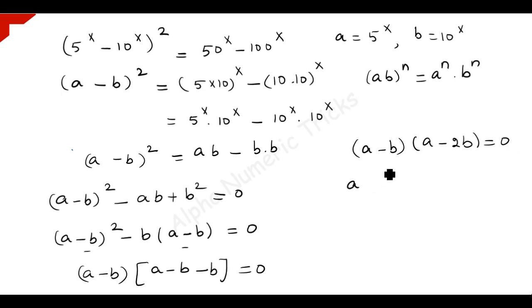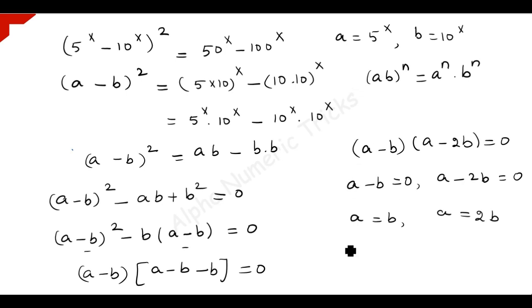So from this, the product of two terms is equal to 0. At least one should be equal to 0. So a − b is equal to 0 and a − 2b is equal to 0. From this we have a is equal to b, and here we have a is equal to 2b.